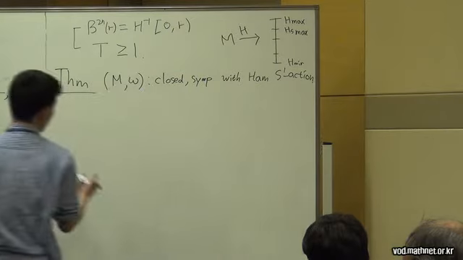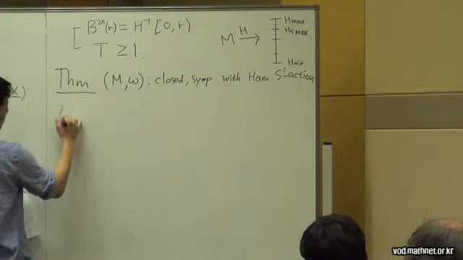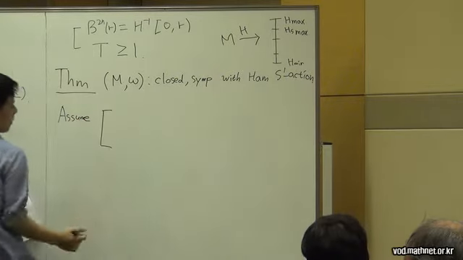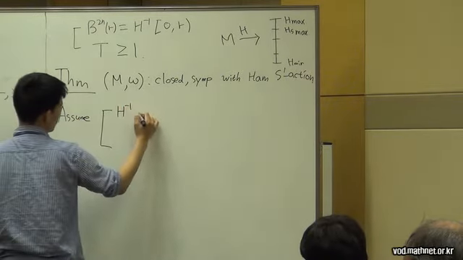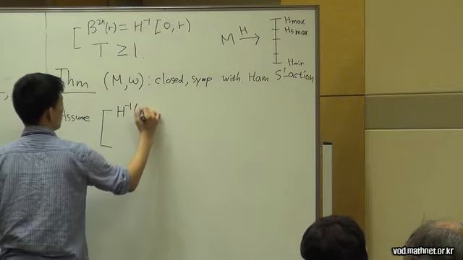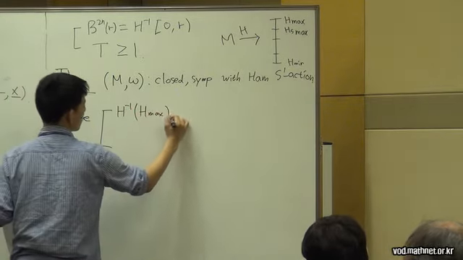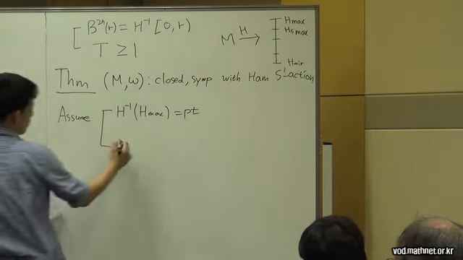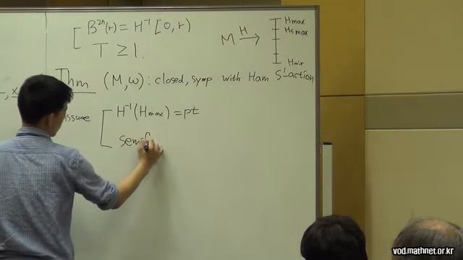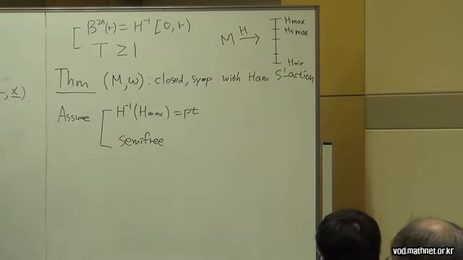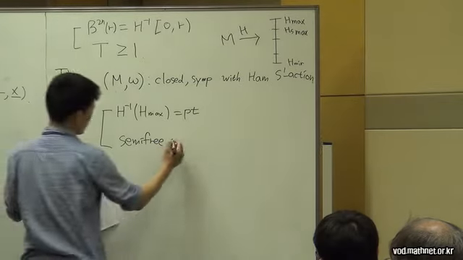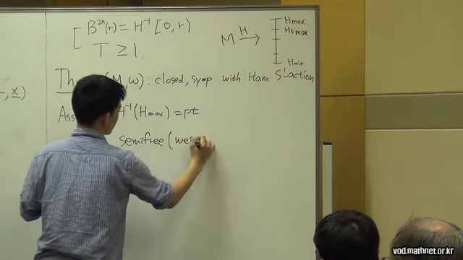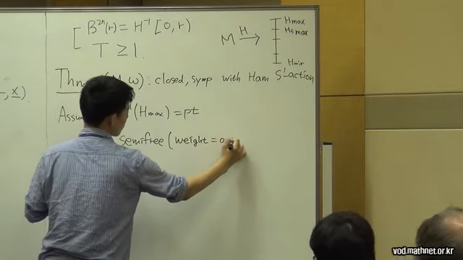And now assume that the inverse image of the maximum is a point. And second, the action is semi-free. Equivalently, the weight is 0 or plus minus 1.